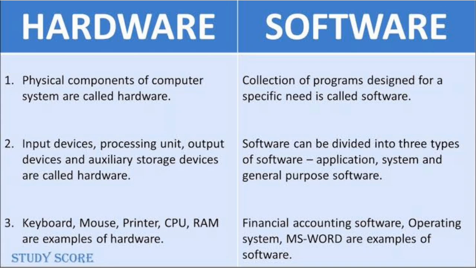Okay, so software can be divided into three categories like application software, system software, and general purpose software. Okay, we will again learn about these types of software. So here are the different examples of software, that financial accounting software like Excel and other types of software, operating system, MS Word are examples of software.